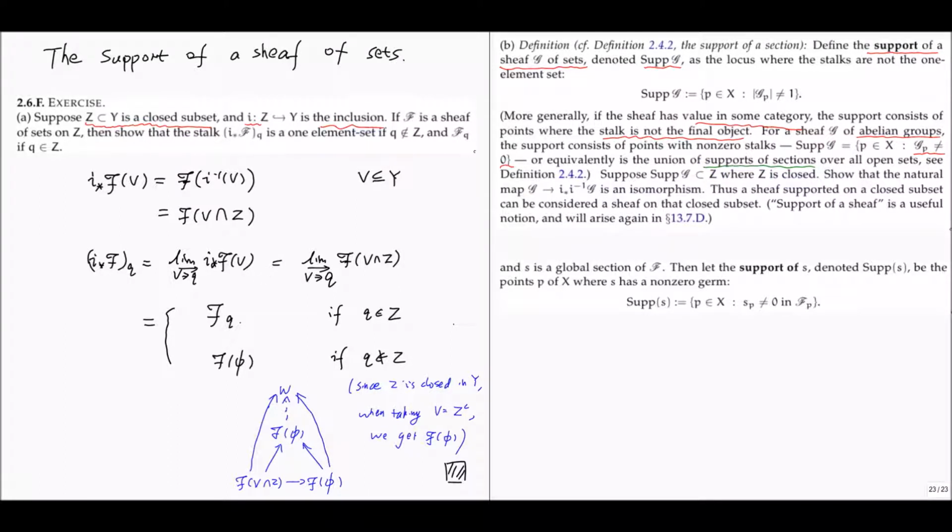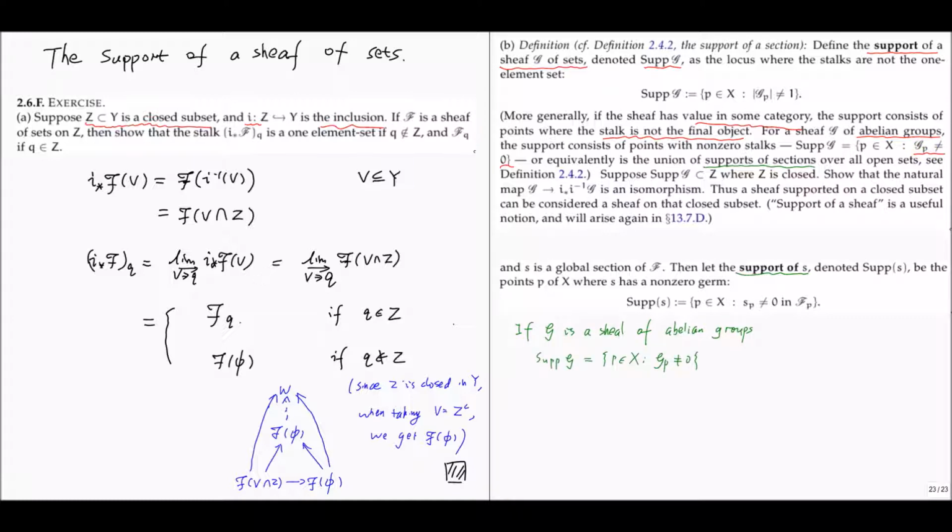The definition of the supports of sections and the definition of the support of a sheaf are associated in the following way. If G is a sheaf of abelian groups, then its support consists of all the points where the stalk is non-trivial.